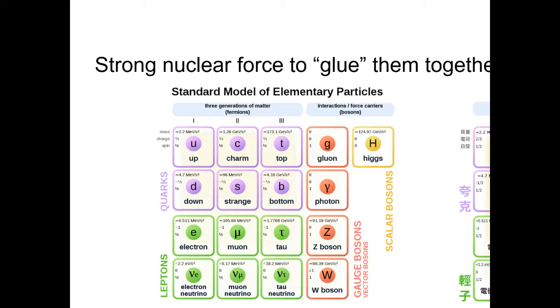There is an interaction between the quarks and the Higgs boson, and the Higgs boson will give some mass to different types of particles. So that is like God, I give you some mass. Different kinds of quarks will have different masses. That's why we call the Higgs boson the God particle.